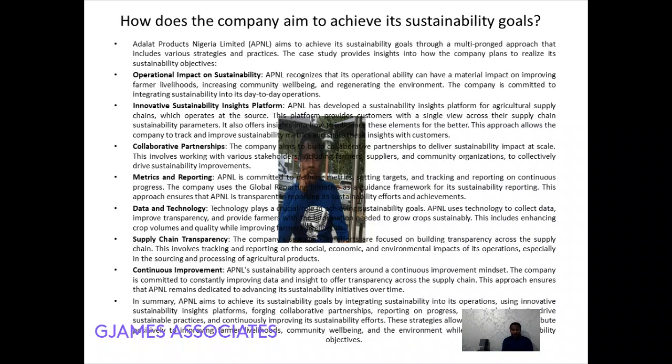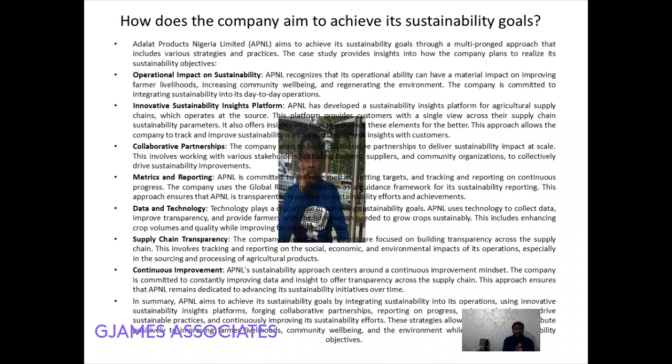Also, innovative sustainability insights platforms, which they have as regards their supply chain and all the parameters they have. Also, collaborative partnership, which you could find in the pre-seen case study that we are treating.